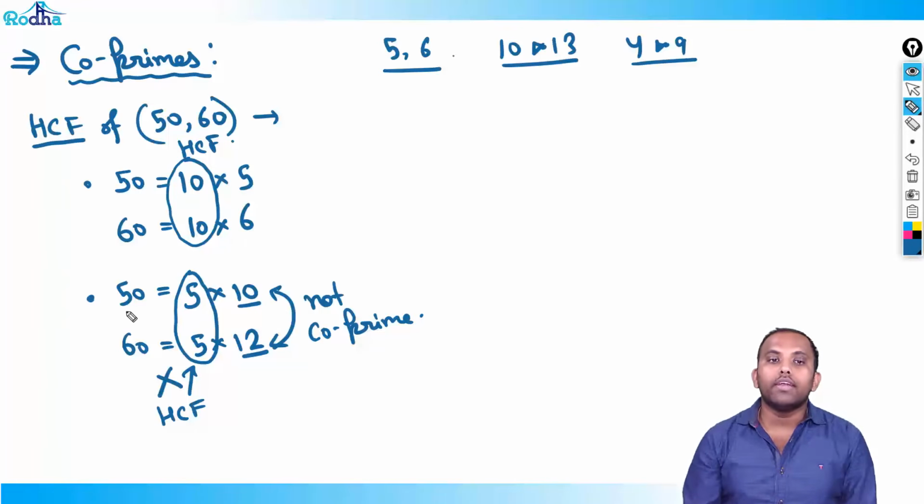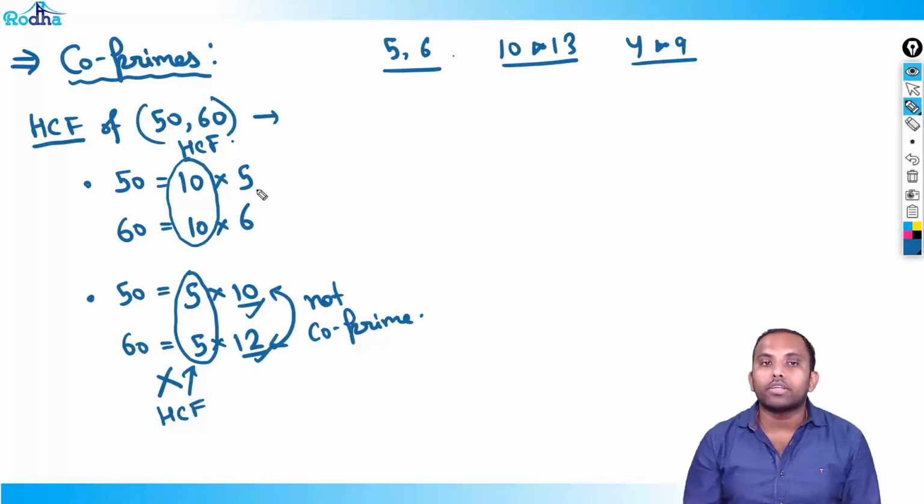From 50 and 60, I have still not extracted the highest common factor. I've extracted 5 out, so it is 5 into 10 and 5 into 12. But 5 is not the highest thing that we can extract. Still, 10 and 12 have 2 in common, so I can further extract 2 out.